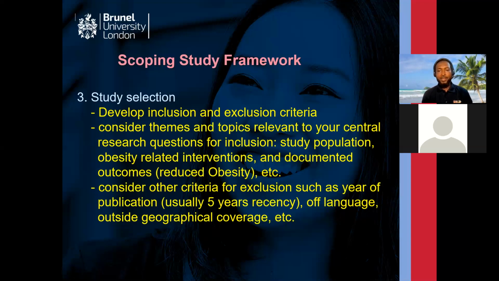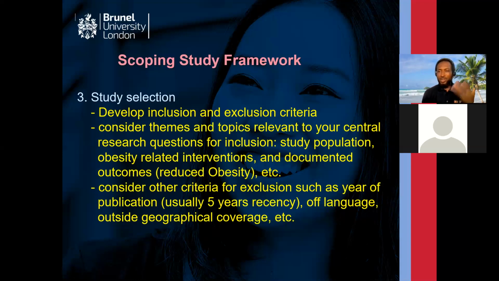So when you've gotten the first set, taking in your articles, then for the exclusion, you look at things like years of publication, and it's advisable that you consider a recency of 5 years from the time you're conducting the research. 5 years helps to make your period relevant and still recent.